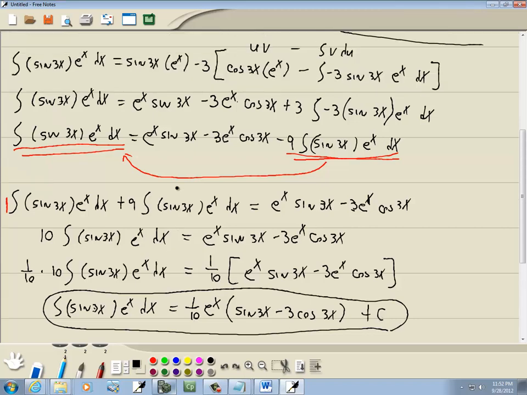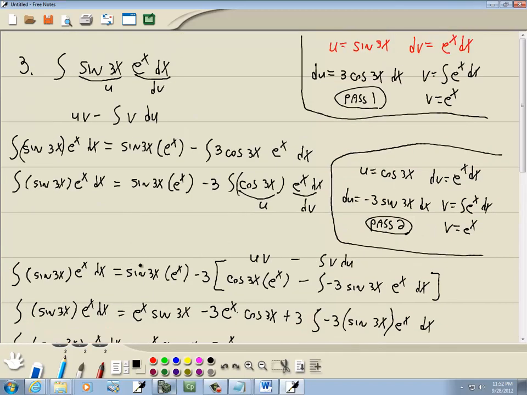So again, we went through and we had to do it a couple times, and the reason I knew I had to do this is because if you're taking the derivative of sine, it goes to cosine, cosine goes to sine, goes back to cosine, so it flip-flops back and forth forever with some negative sign changes. Now e to the x: the integral of e to the x is e to the x.